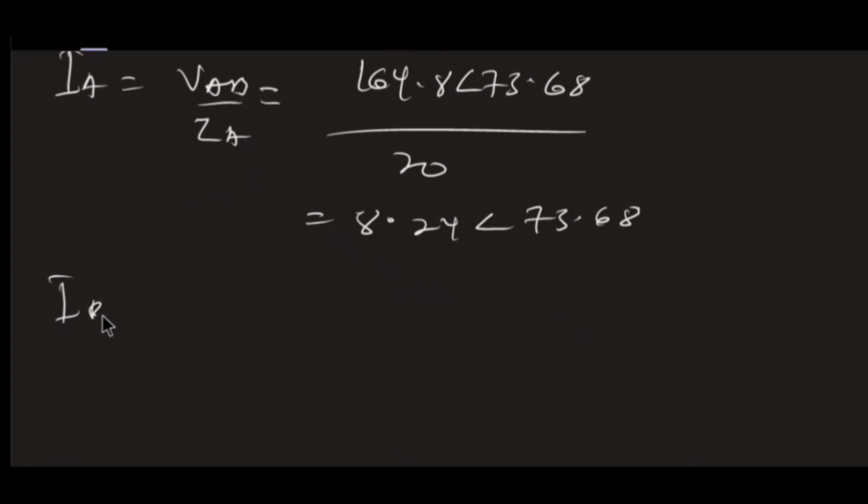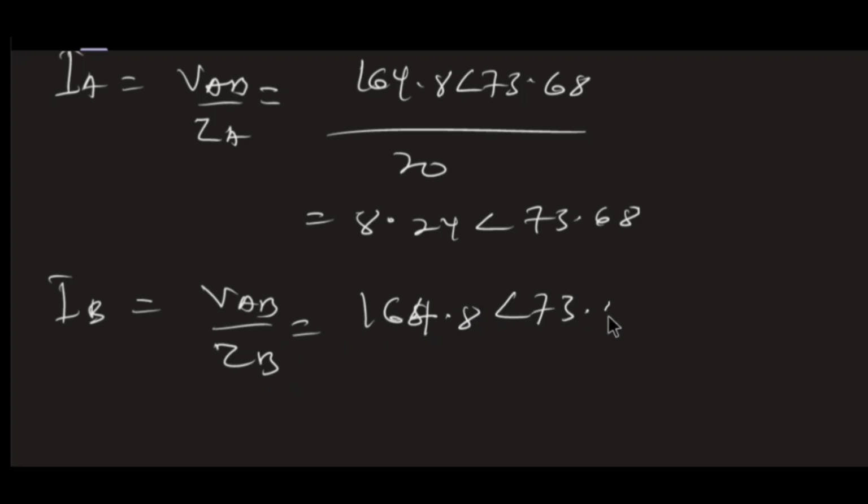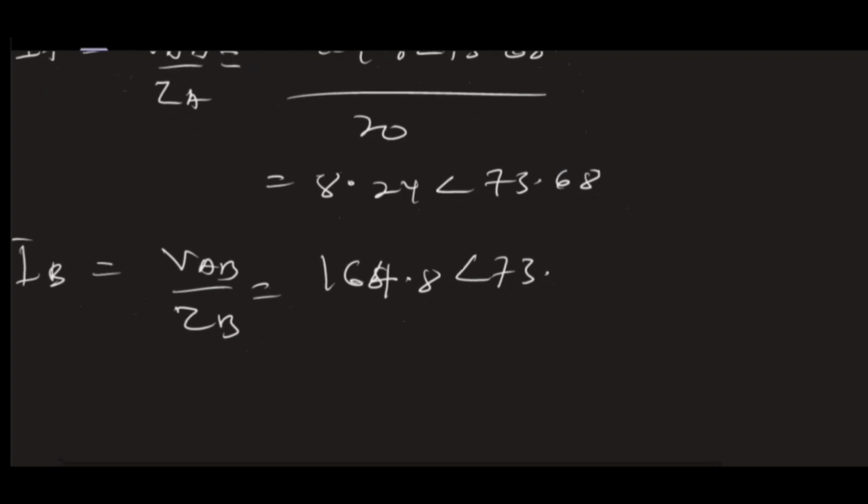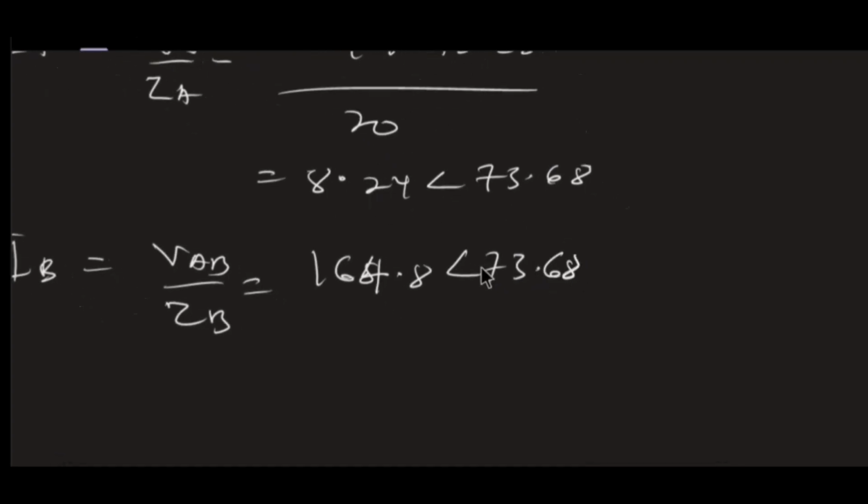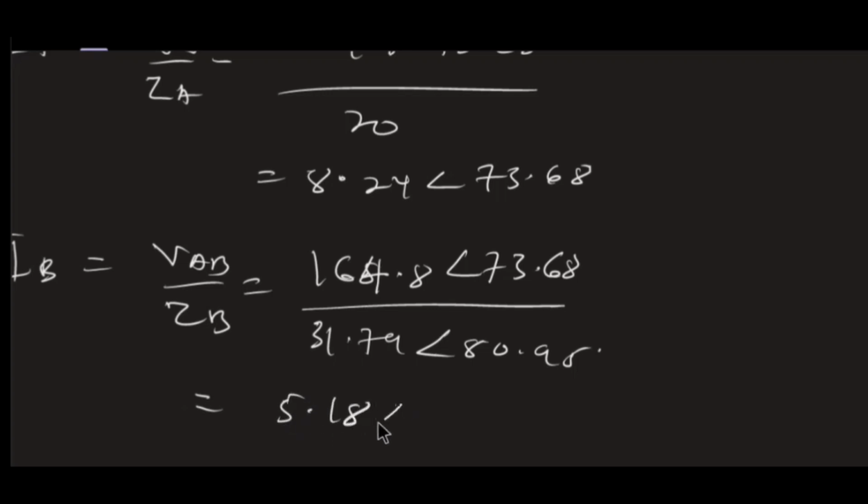The current IB is equal to VAB over the impedance across B. That will be 164.8 angle 73.68 all over the impedance across B, which was 31.79 angle 80.95, and that is going to give me 5.18 angle negative 7.27 degrees.